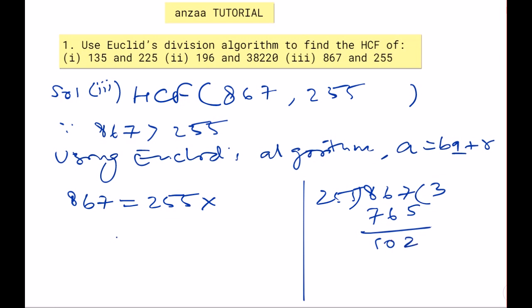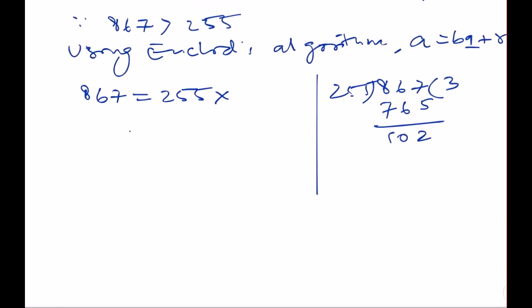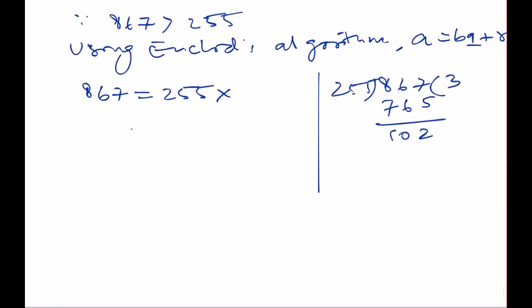So remainder is not 0 here. So we shall have to write here 255 into 3. You can see here 255 into 3 plus 102 as remainder.